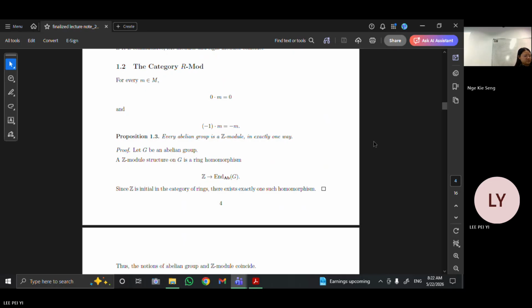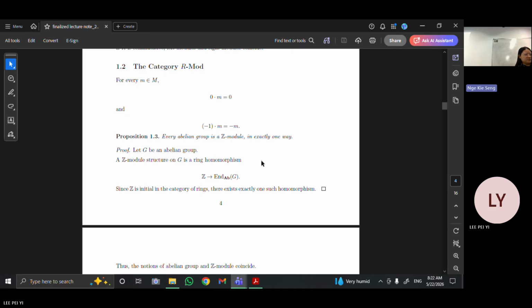The next one, for every module element m in M, 0 times m equals 0. These identities follow directly from the module action.